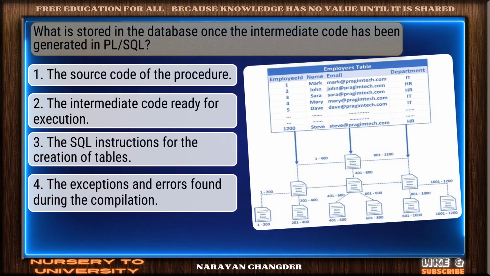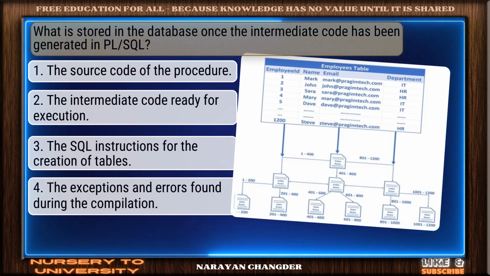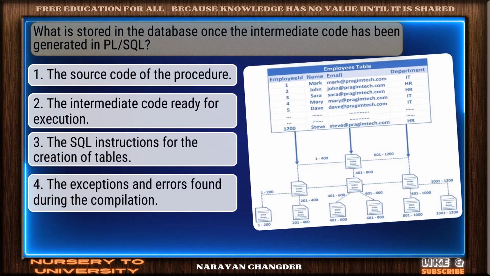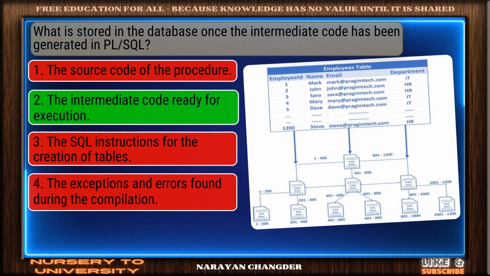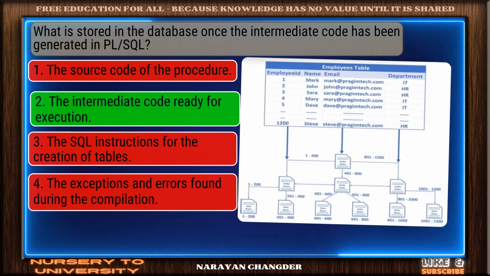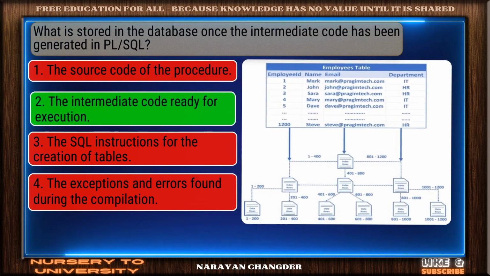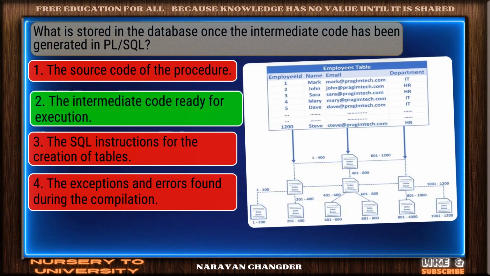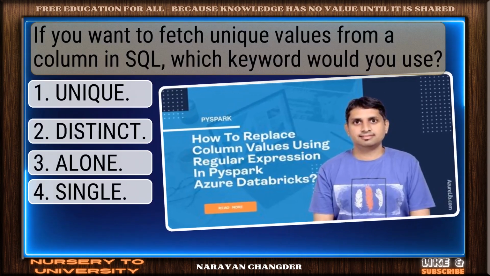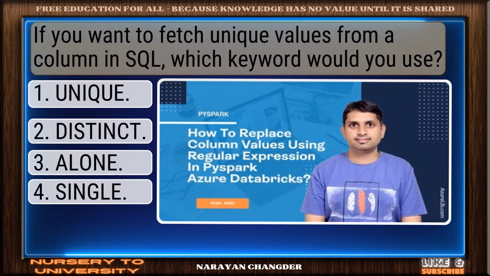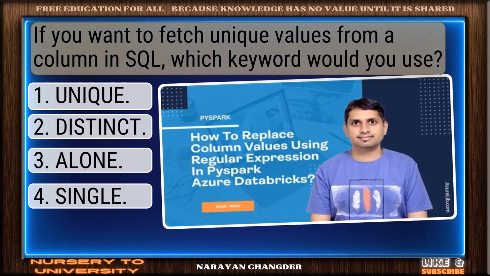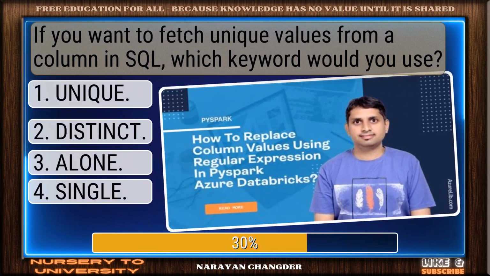Question number 9. What is stored in the database once the intermediate code has been generated in PL/SQL? Excellent. The intermediate code ready for execution is a brilliant choice. Question number 10. If you want to fetch unique values from a column in SQL, which keyword would you use?